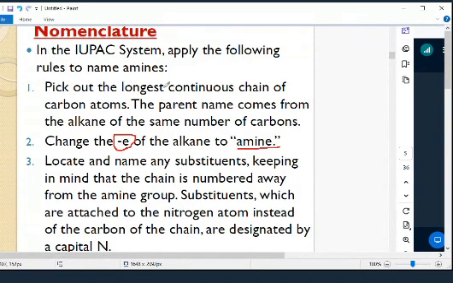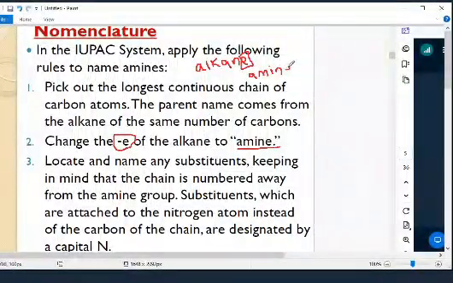If it is an alkane, what we are saying in a nutshell is the E at the end we replace with amine.